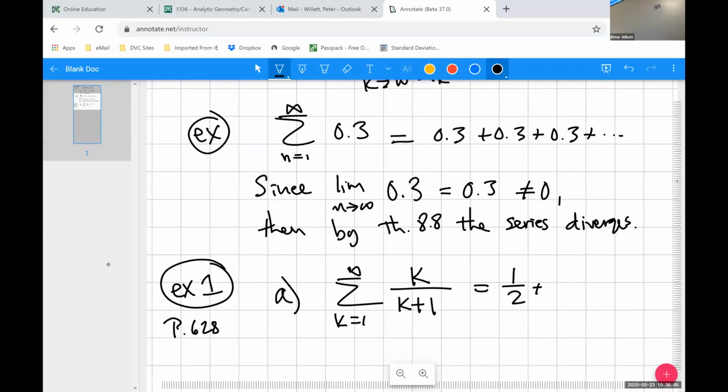When I plug in a 2 for k, I get 2/3. When I plug in a 3 for k, I get 3/4, etc. So this is an infinite series. So the question will always be, converge or diverge?